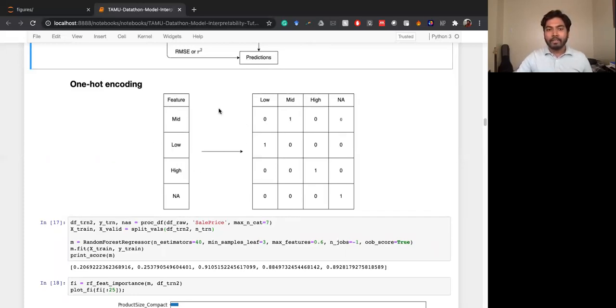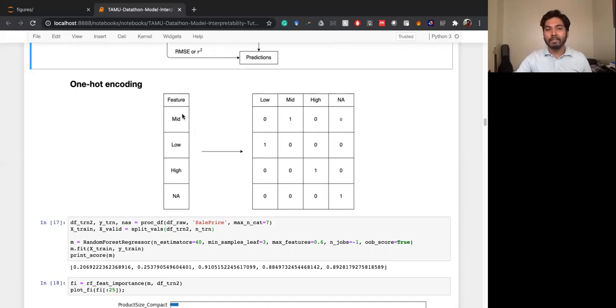So from one feature, you now go to 4 features in this example, and you populate everything with zeros except the cell in which that column is active.